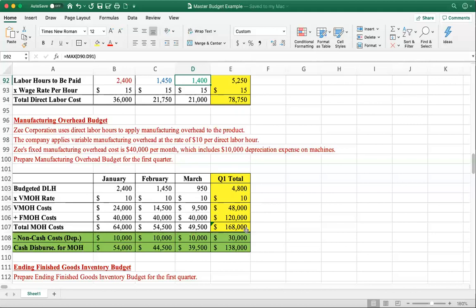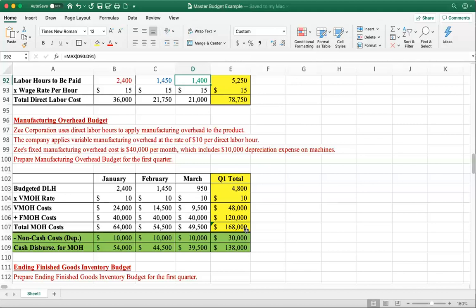Now this manufacturing overhead cost is reported for cost purposes, because when we prepare the balance sheet and income statement, even if it's prepared for internal reporting purposes, we need to follow some of the rules so we can align when we compare our budgeted income statement and budgeted balance sheet with the actual balance sheet and actual income statement.